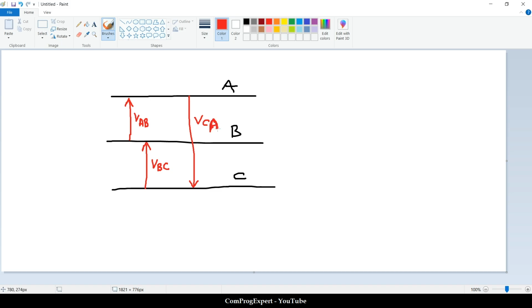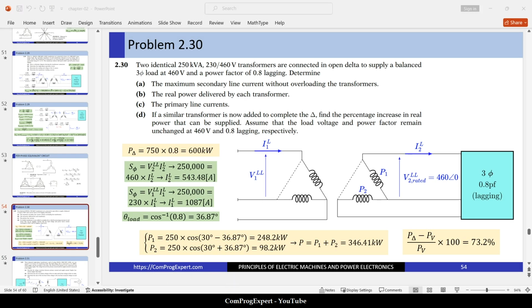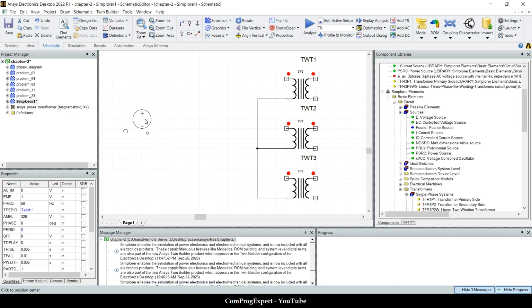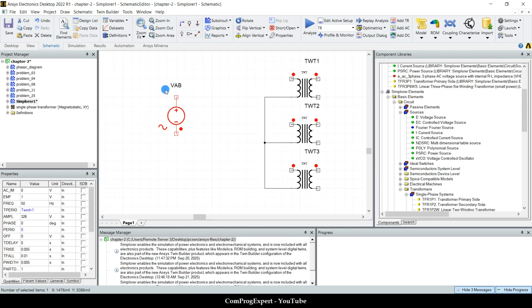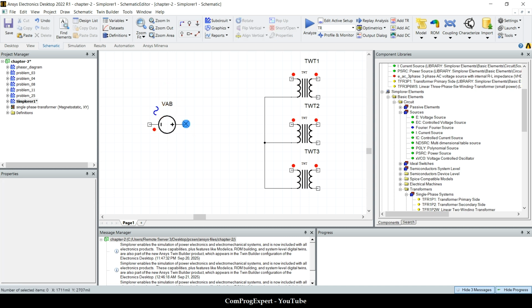So we can set the phases and also perform connections to create a delta source here. This is VAB, excuse me, this one. This is the voltage of the line A. I connected it here. This is the phase B, right?